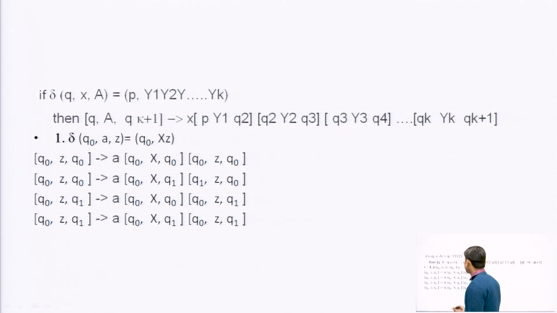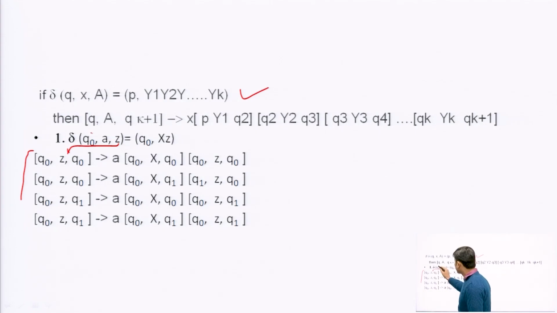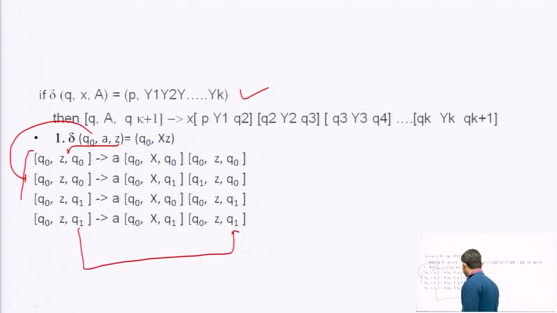Here we have to derive the productions using this rule: q0 and Z are the same, and A is the terminal.